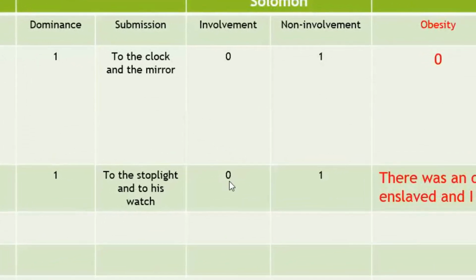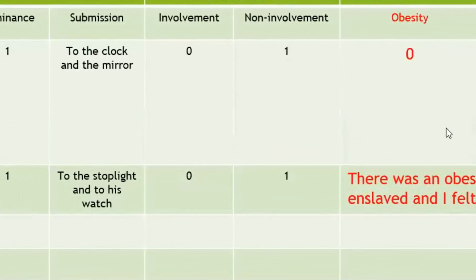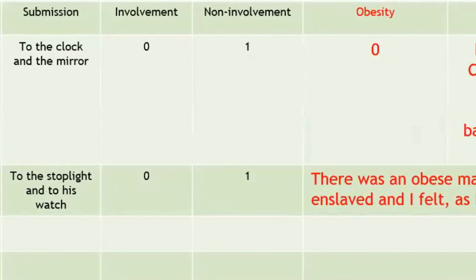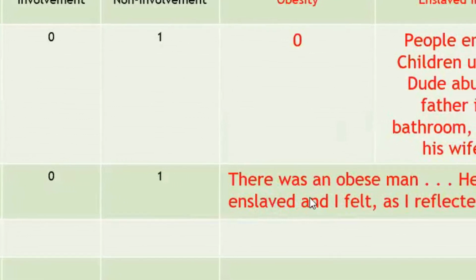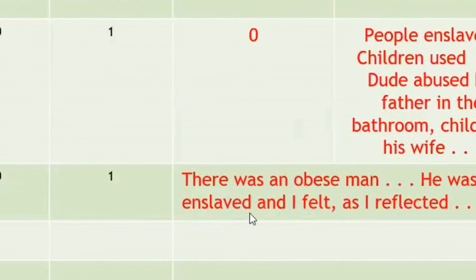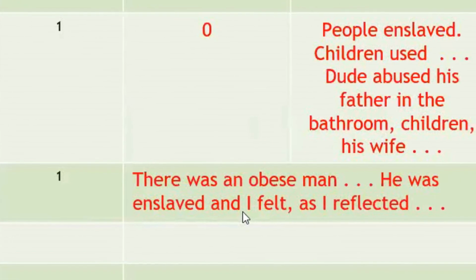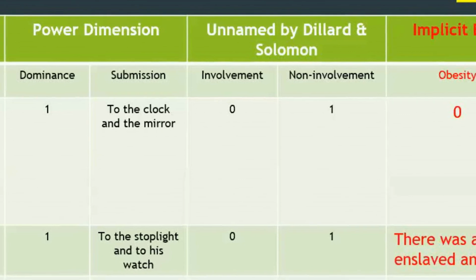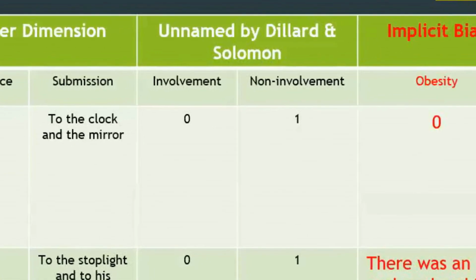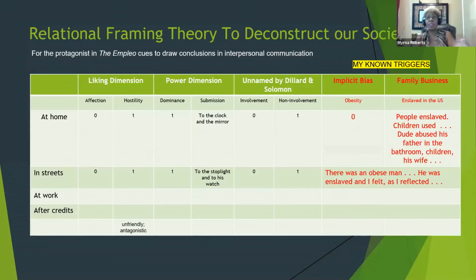But anyway, when I get over there, involvement, non-involvement. I said there was an obese man, and he was enslaved, and I typed a whole bunch of stuff. It just made me mad, and I had to go back and recheck because they said I don't like fat people, and I really didn't take the test. The test really didn't say that I have an aversion to obese people. I'm just using that as an example.